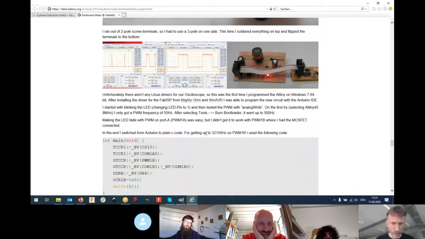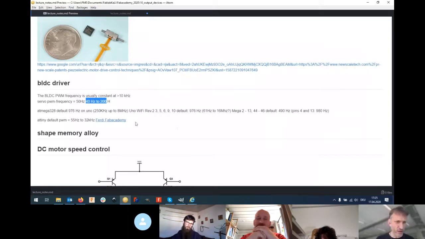By default, it was at 50 hertz. Then if you burn the bootloader, it goes up to 500. And then with some programming, you can get it up to 32 kilohertz on the ATtiny. And on the ATmega, it goes up to 8 megahertz, but I also read 16 megahertz somewhere. So that's a matter of configuring your Arduino.